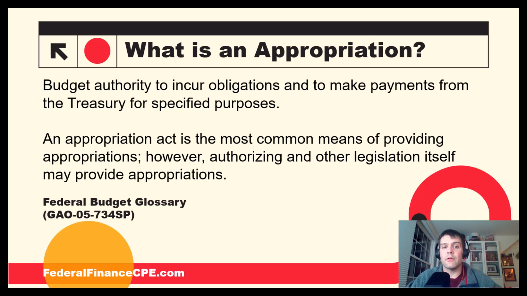However, authorizing or other legislation itself may provide appropriation. Now, I want to point out some key things here. 1, it's budget authority. Congress isn't spending the cash. They're giving permission to spend the cash. Next, it's for a specific purpose. Congress identifies what the money is for.